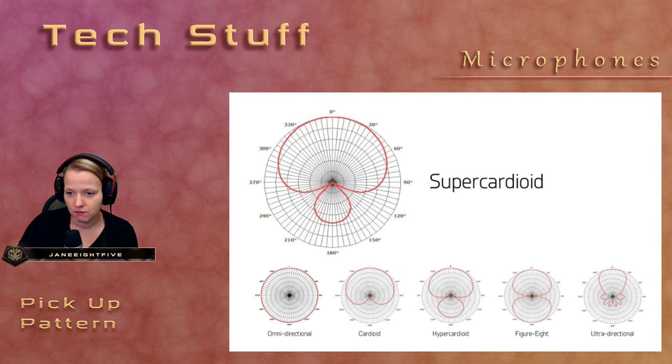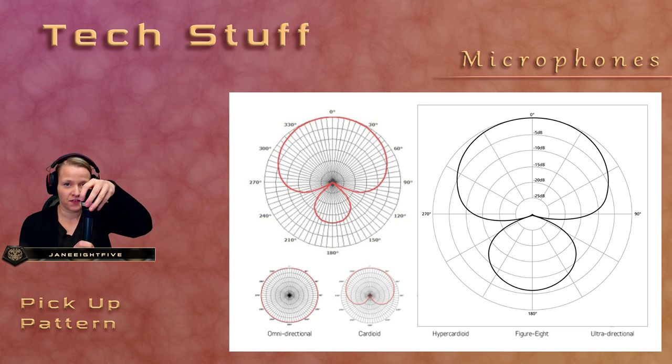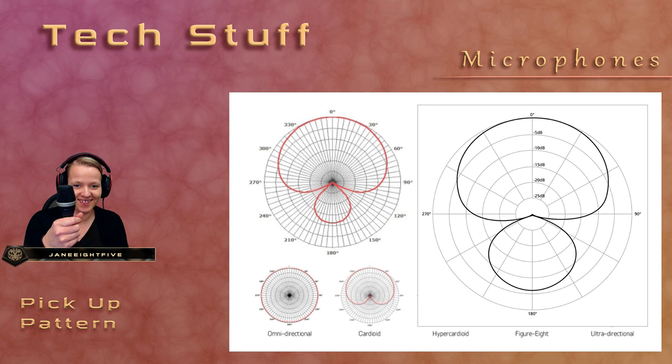As you can see, the supercardioid has this pattern, and now I put the hypercardioid one here. You can see that it's wider. The lower part here is wider, so it detects more of the surroundings. If you have this pattern on that microphone, you can definitely hear the finger and the hand.